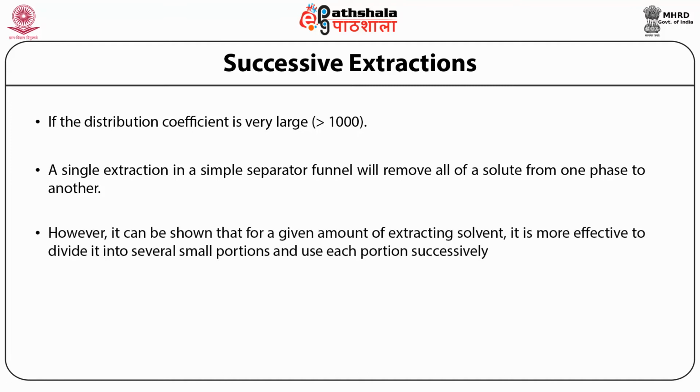However, it can be shown that for a given amount of extracting solvent, it is more effective to divide it into several small portions and use each portion successively rather than to make a single extraction with all of the solvent at one time. It is always advantageous to make extractions by taking a small portion of the solvent at a time, and a number of extractions should be made.